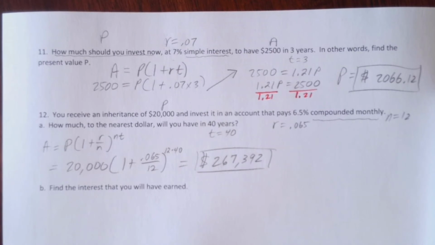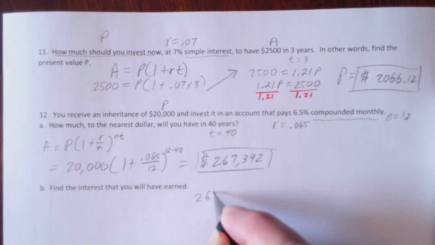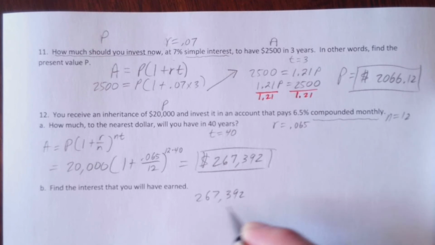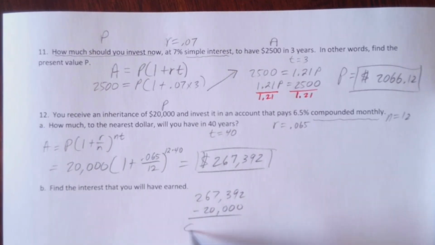So it says find the interest that you will have earned. Well, you only deposited $20,000. 40 years later, this is what it's worth. So if you take the $267,392 and you subtract the $20,000 that was originally invested, your interest is $247,392.